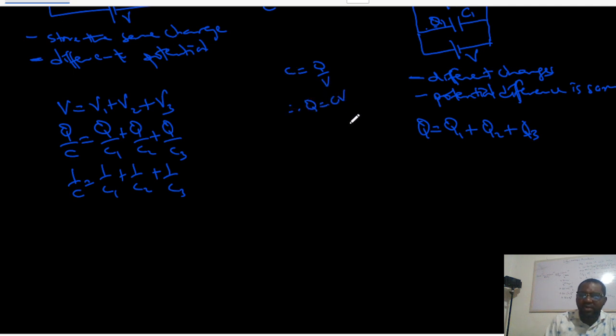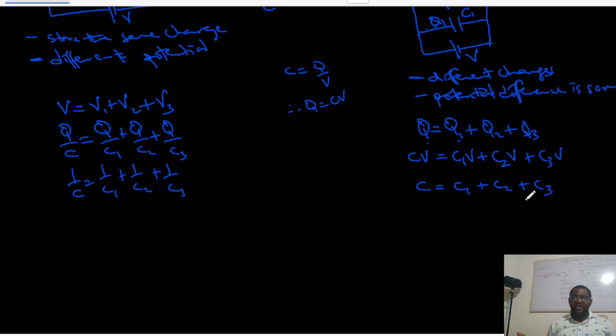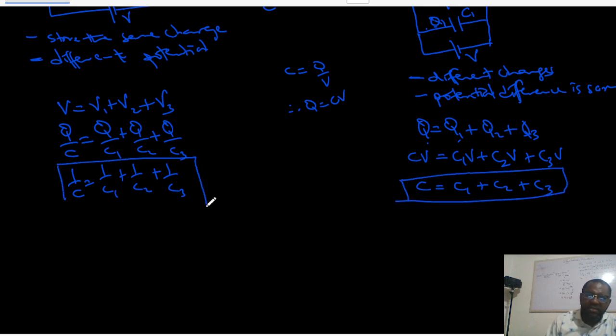So Q1 should be C1V, Q2 should be C2V, Q3 should be C3V. I don't need to say V1, V2, V3 since the potential difference is the same as long as they're in parallel. So I can divide through by the potential difference. I'm going to have C equal to C1 plus C2 plus C3. So this is how you deal with capacitors in parallel, and this is how you deal with capacitors in series.